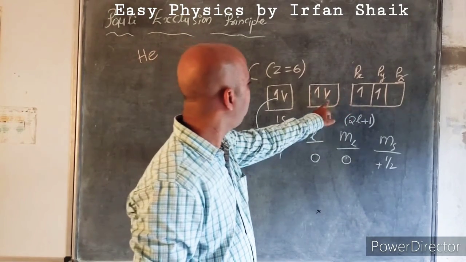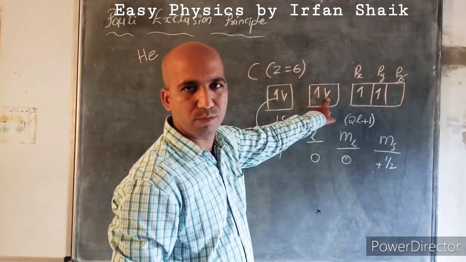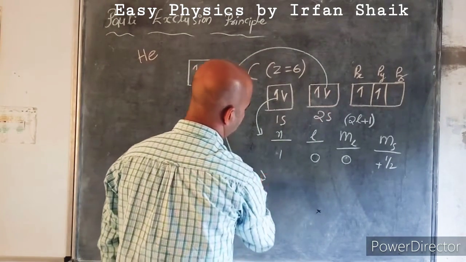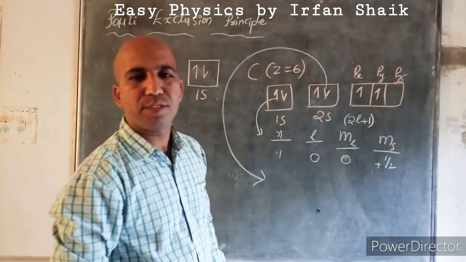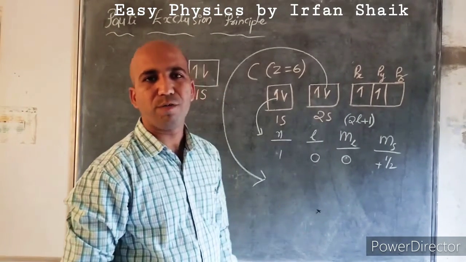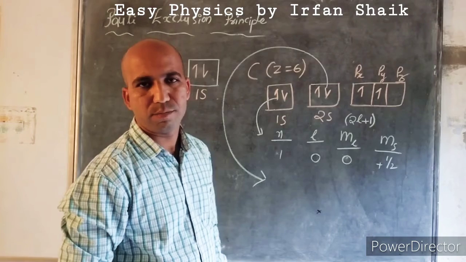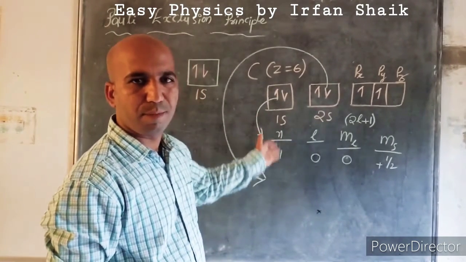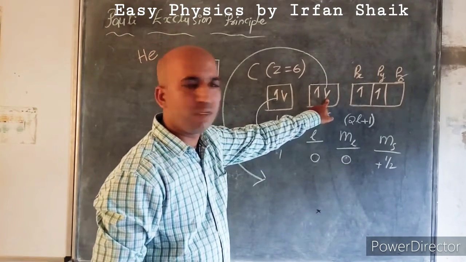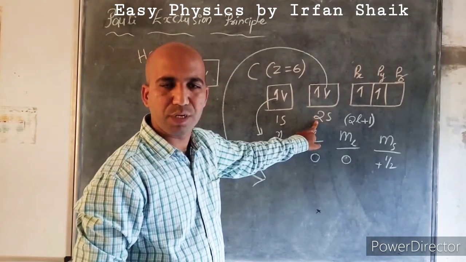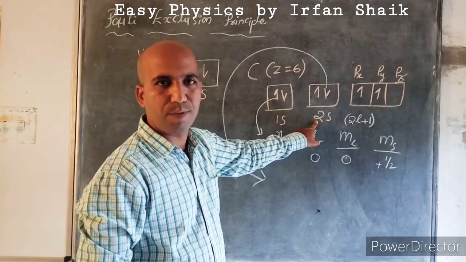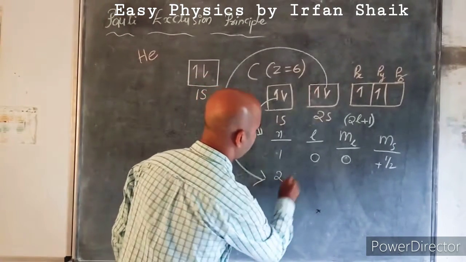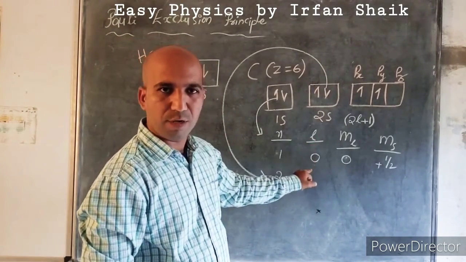Now let us take the fourth electron. We are going to write the four quantum number values for the fourth electron of carbon. First, the principal quantum number. This fourth electron is present in the second shell, in the 2s orbital, so the principal quantum number is 2. What is the L value?